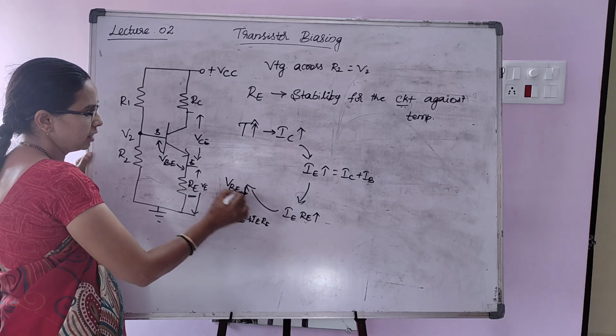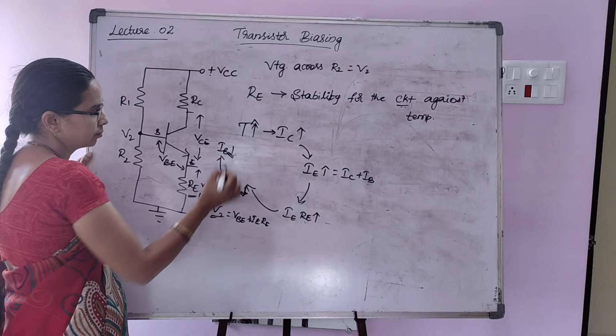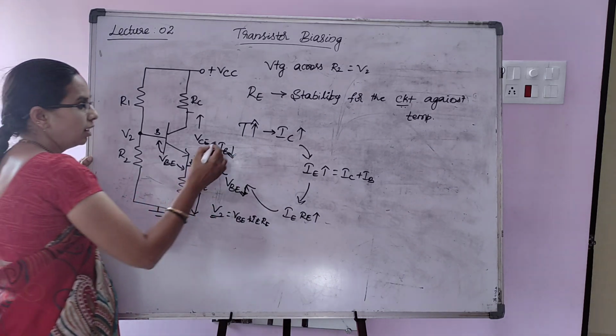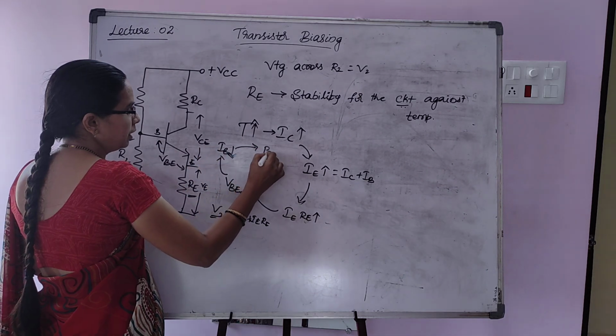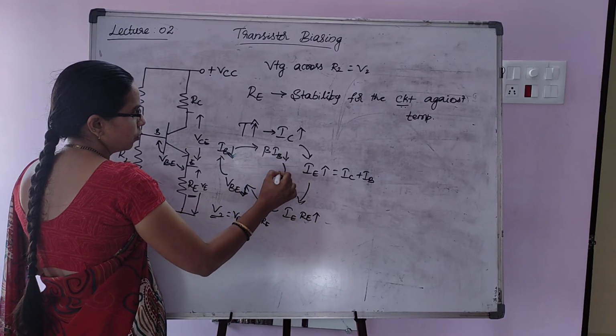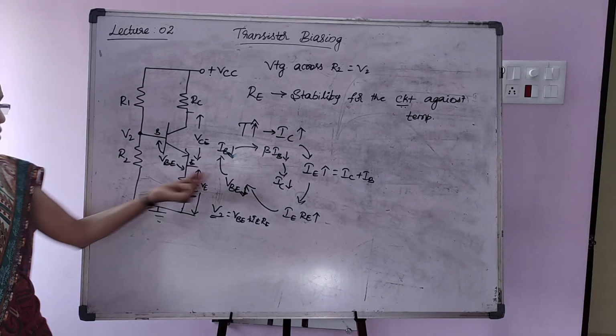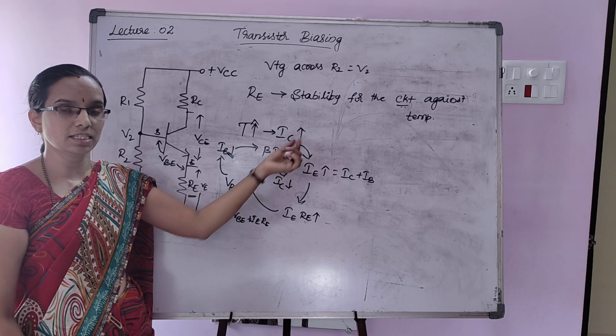If VBE decreases, IB decreases. If IB decreases, beta IB, the value of IC, also decreases. Consequently, IC decreases, which compensates the original increase in IC.